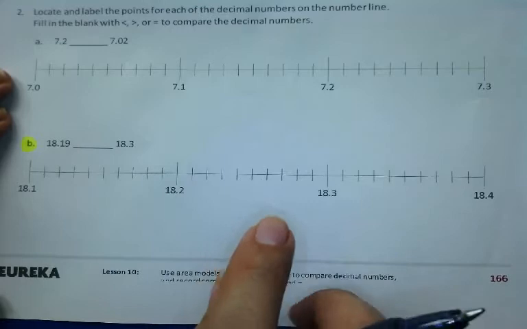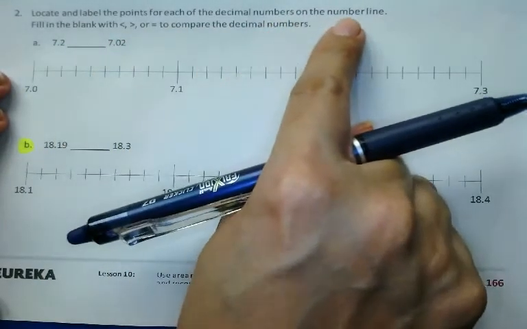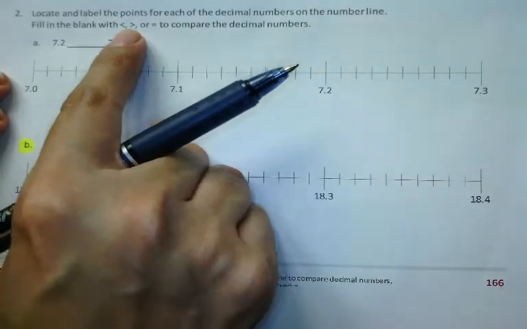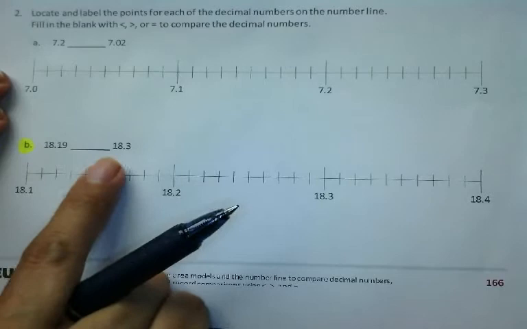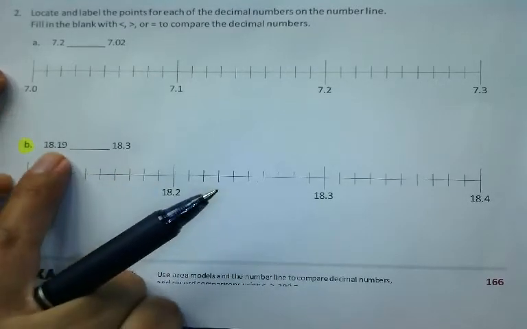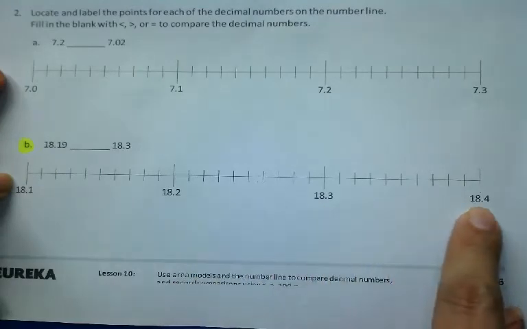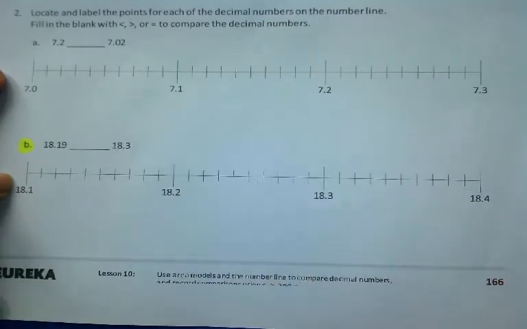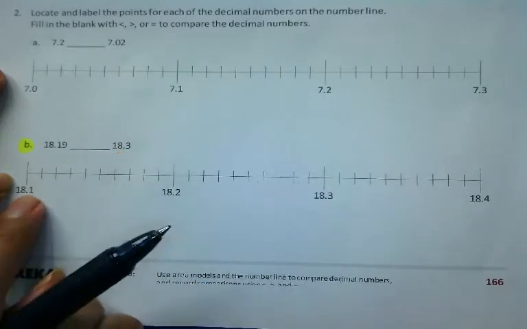Here you're going to plot each of your decimals on the number line, and then we're going to be able to compare the 2 decimals. I want to know which one's greater and which one's less than the other. So let's see, 18.19. Do you see it on your number line? No. How about 18.3? Do you see it?